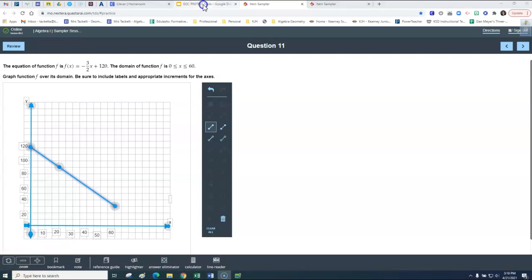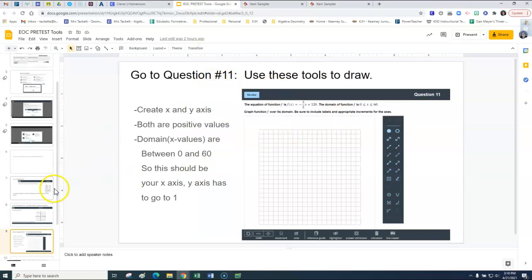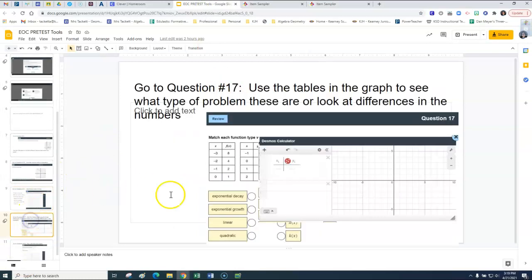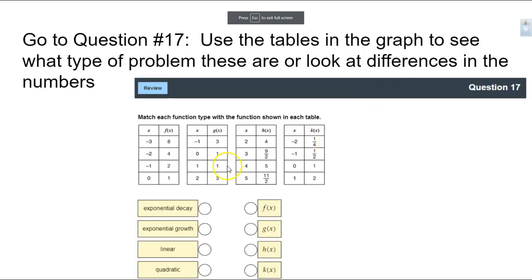Okay, so our next thing that we're going to look at is actually number 17. So go to number 17, use the tables in the graph to see what type of problems these are, or look at differences in the numbers, okay?